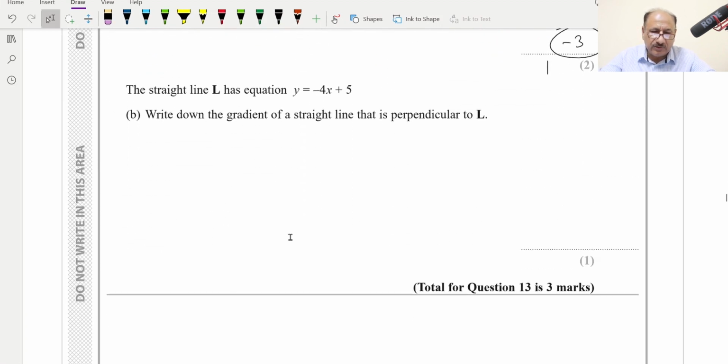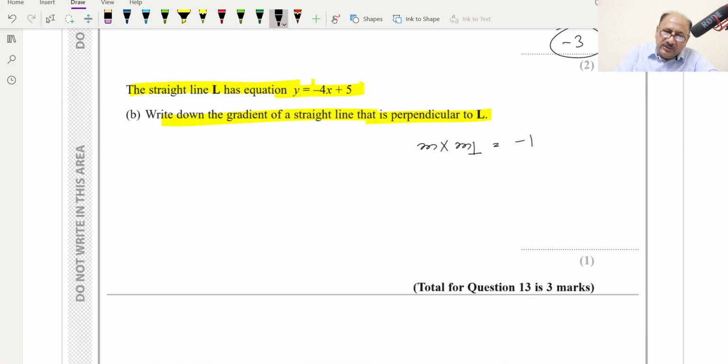2-mark question, very straightforward. Now the straight line L has equation y is equal to minus 4x plus 5. Write down the gradient of a straight line that is perpendicular to L, and we know the formula that the gradient m multiplied by the gradient of the perpendicular is always equal to minus 1.